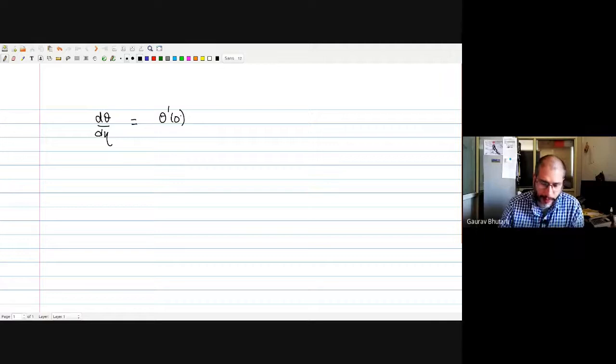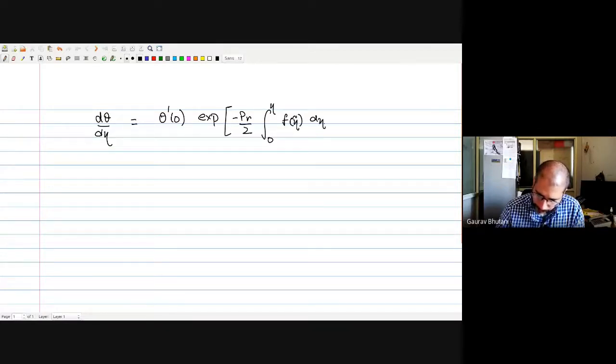Theta prime is again d theta by d eta. I've used eta tilde again here because the limits are going from eta tilde equal to 0 to eta tilde equal to eta.